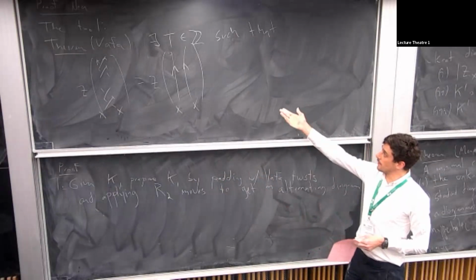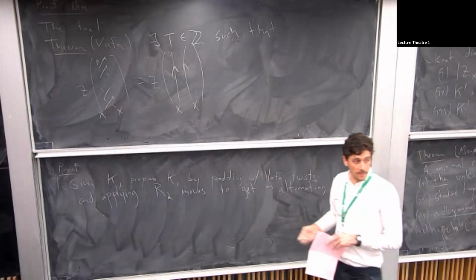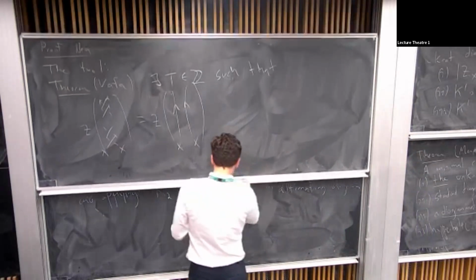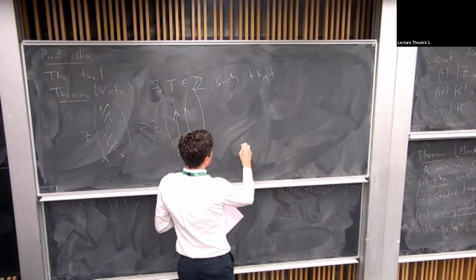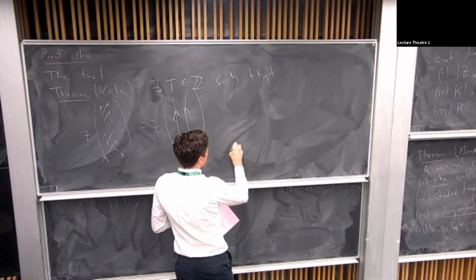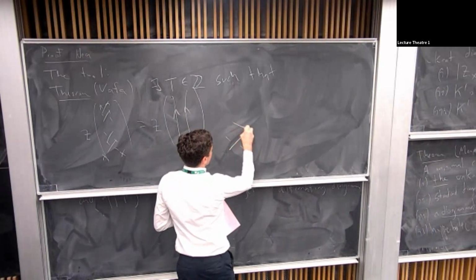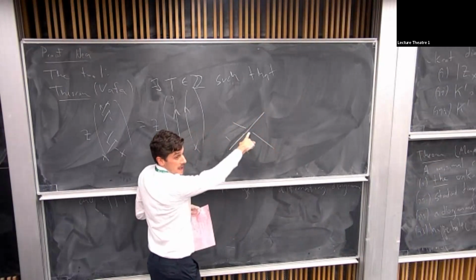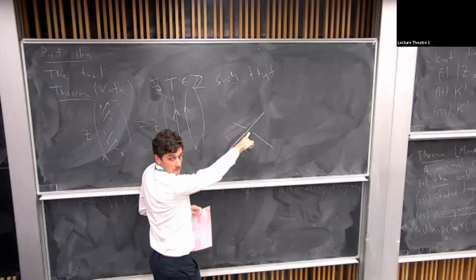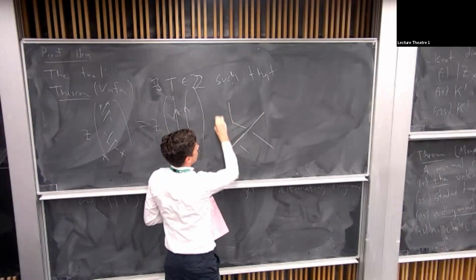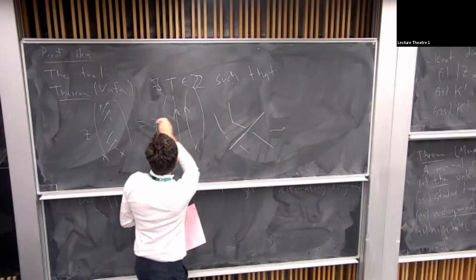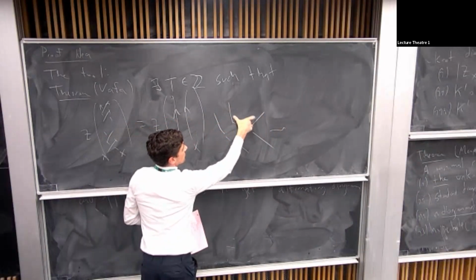I have to use these twists. It's not that hard though. So here's the idea. Imagine I'm going along and I go over, and then I go over again. I want to fix that and turn that into an under. So what I'll do is I'll modify this diagram by adding a bunch of these twists here in this region.